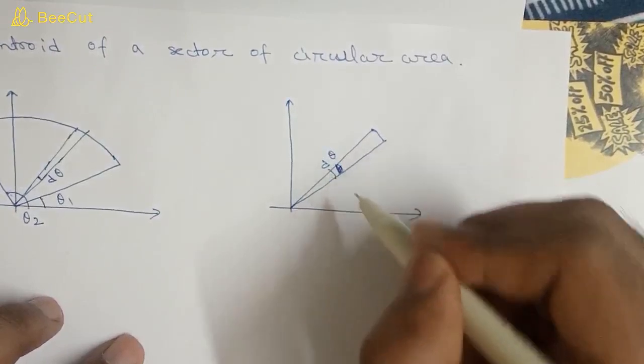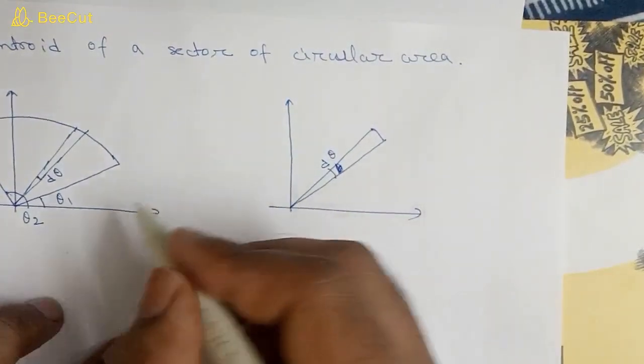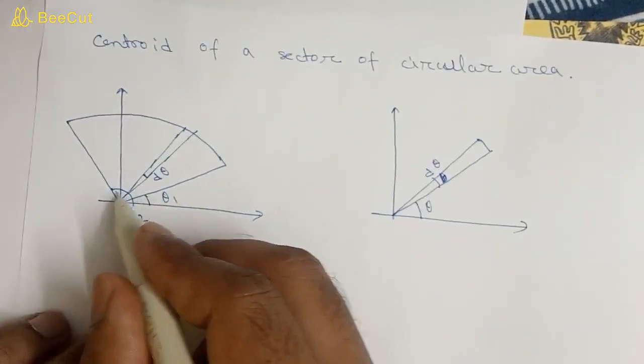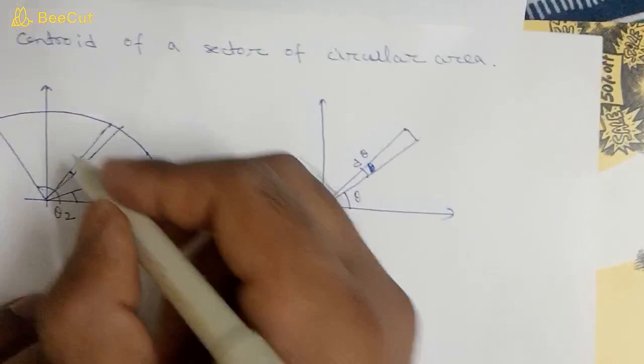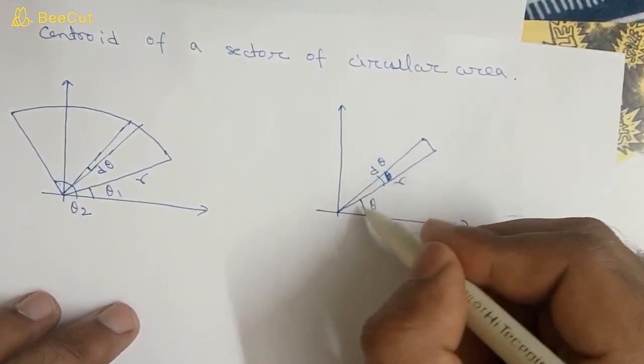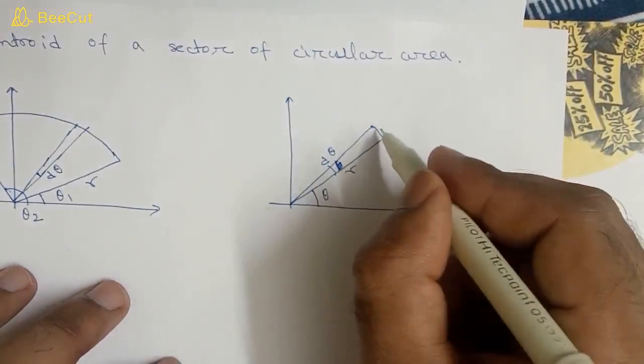This angle is d theta, and suppose this is theta angle. This one was theta 1 and this one was theta 2, and the radius is r. So this whole length is r.